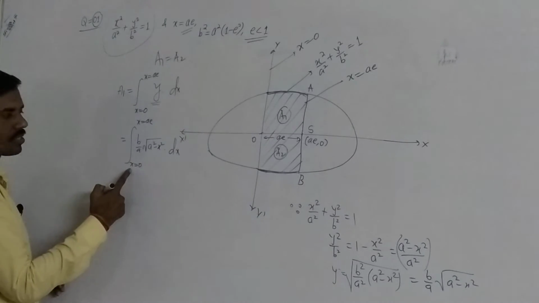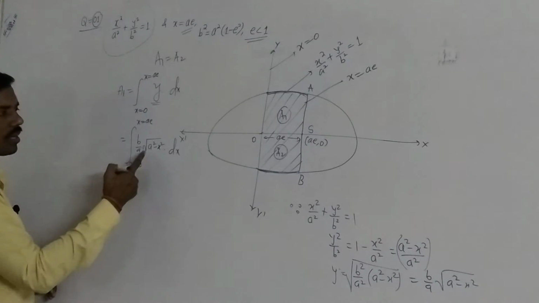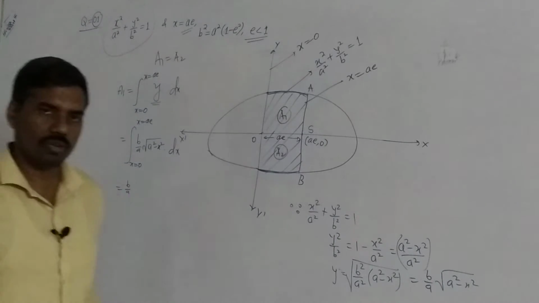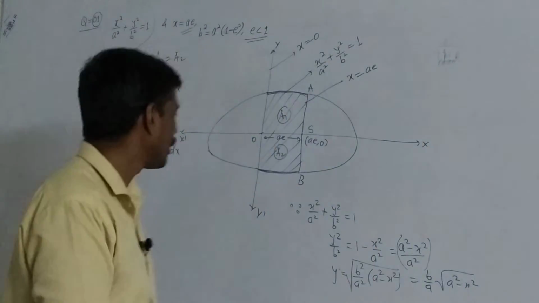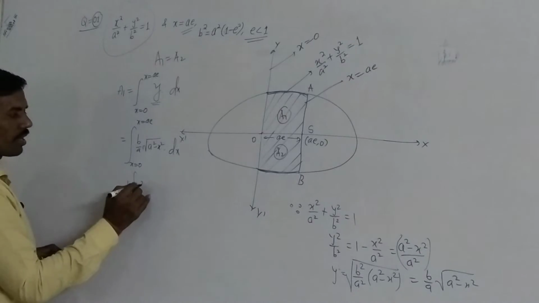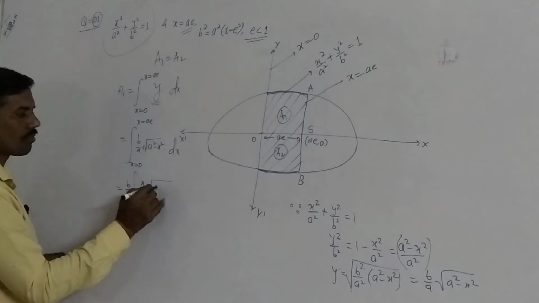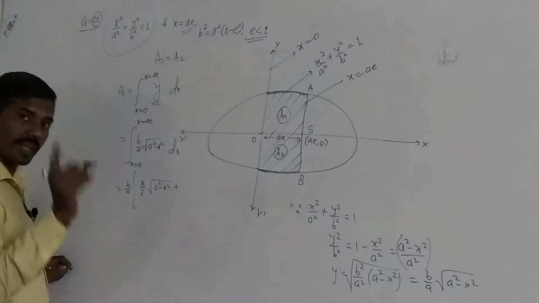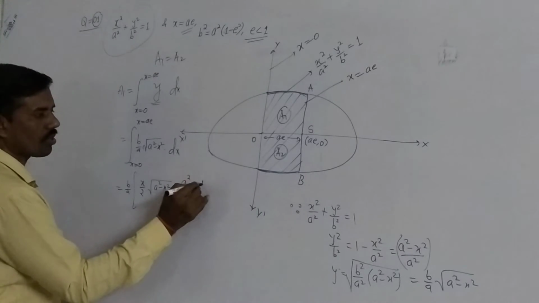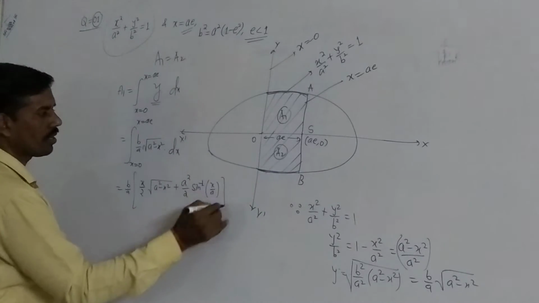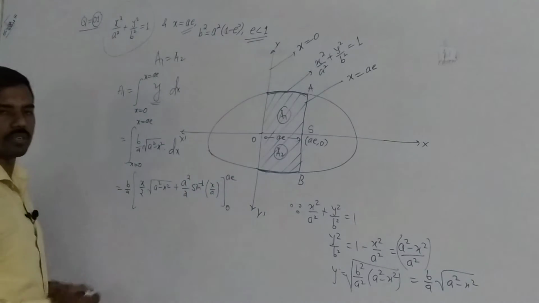The limits are x is equal to 0 to AE, and we know that the integral of under root of a square minus x square can be written as x by 2, that is the formula, x by 2 under root of a square minus x square plus a square by 2 into sin inverse of x upon a, from 0 to AE. Lower limit is 0, upper limit is AE.